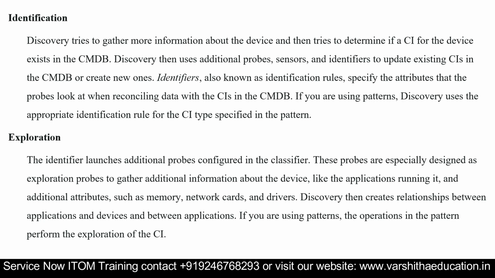If you are using patterns, discovery uses the appropriate identification rule for the CI type specified in the pattern. If any CI satisfies the particular rule, it either updates or creates a new one. This is called identification.